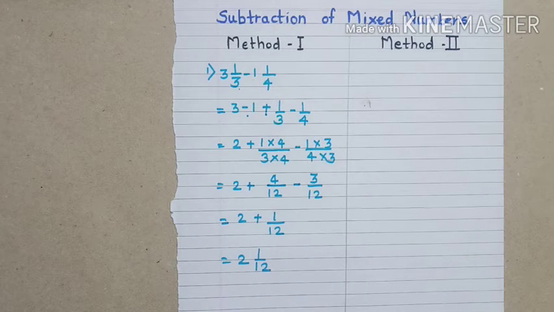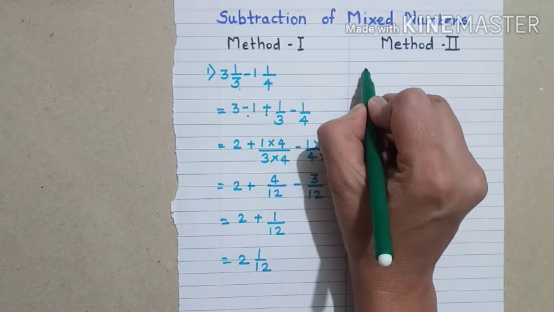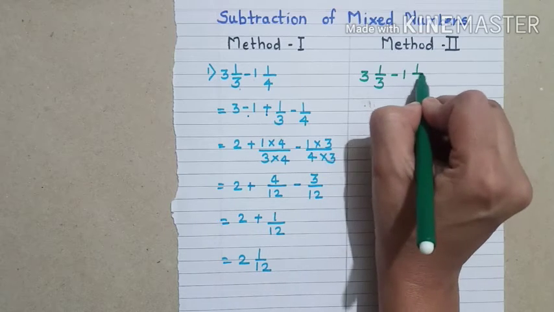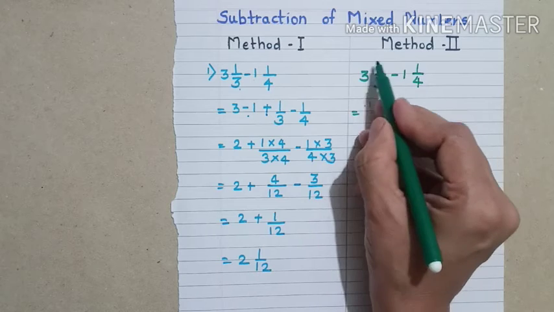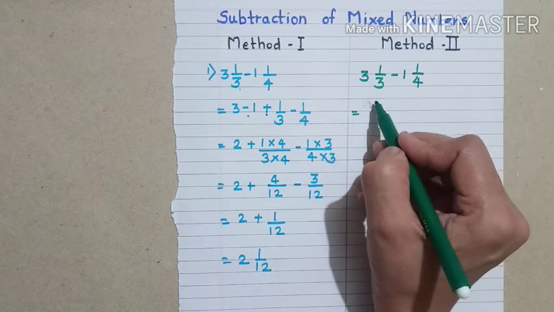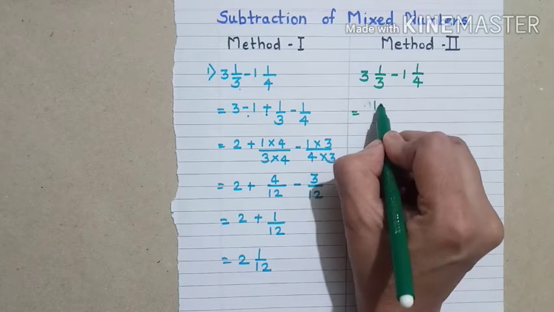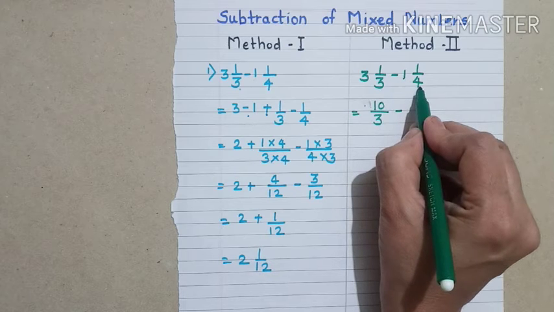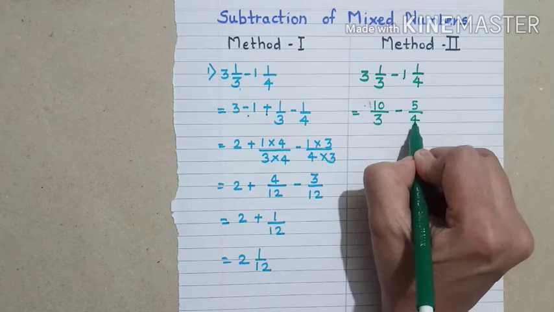Now let's do this example again by the second method. The example is 3 integer 1 upon 3 minus 1 integer 1 upon 4. By the second method, first we are going to convert these mixed numbers into improper fractions. So 3 3s are 9, 9 plus 1, 10, 10 upon 3 minus 1 into 4, 4 plus 1, 5 upon 4.